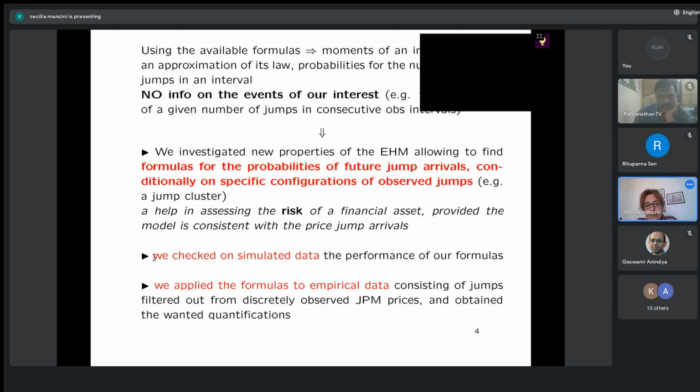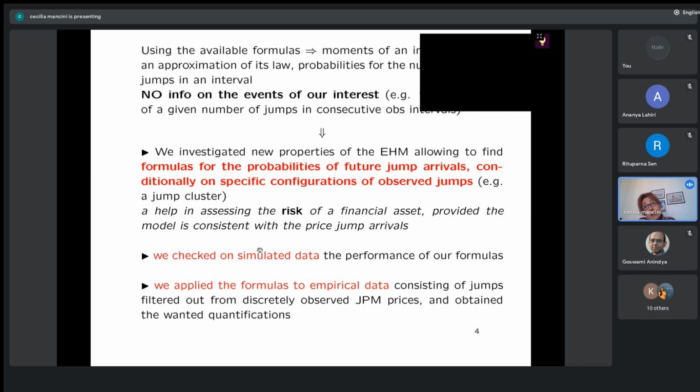Okay, we found new formulas. We checked on simulated data whether these formulas give good indications about the true probability, because we will estimate the parameters of the Hawkes model and we will use the estimated values in the formulas.